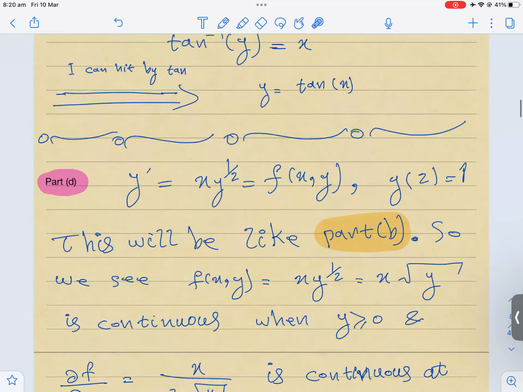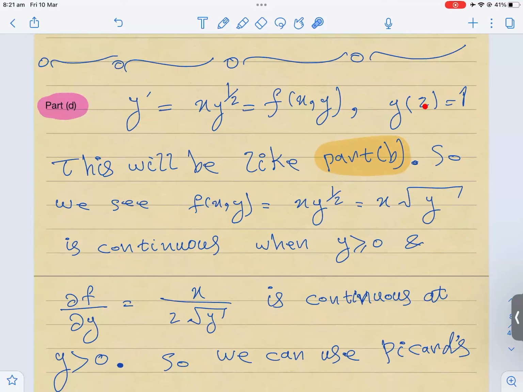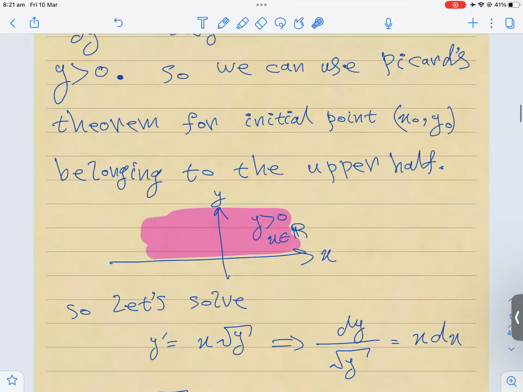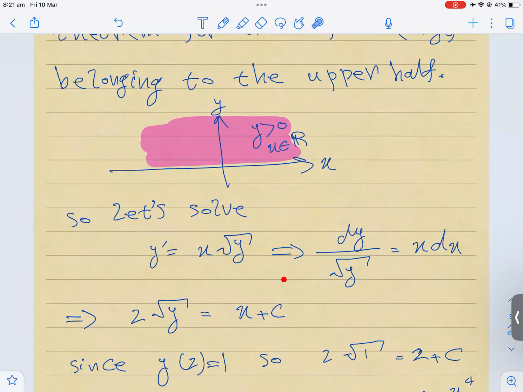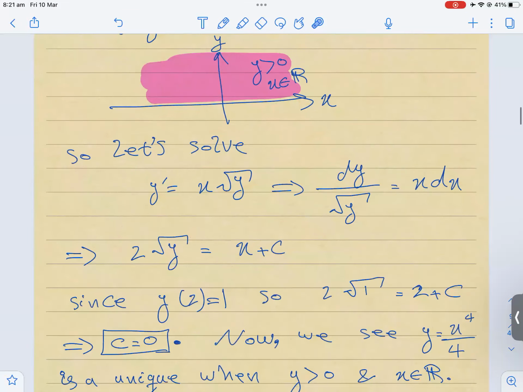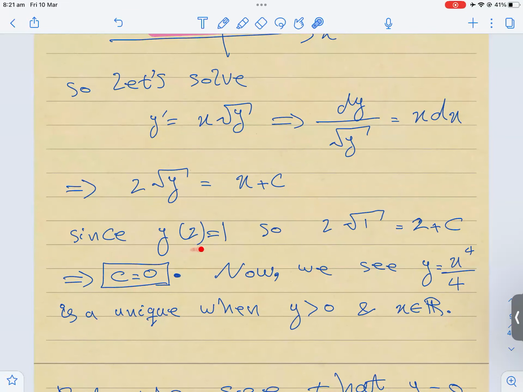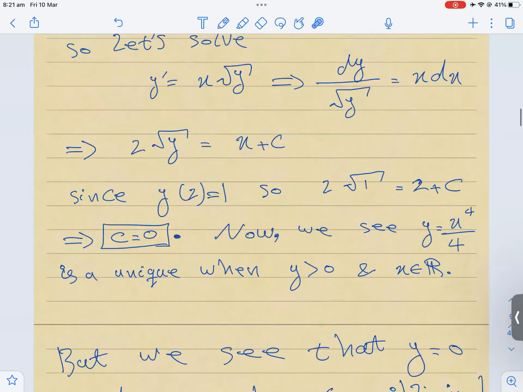In the right branch, x equal 2 and y equal 1. Y equal 1 means y is bigger than 0. So Picard's theorem will tell me that in the upper half, y bigger than 0 and x everything, the ODE will have a solution and it is unique. So y prime equals x times the third root of y, let's solve it. It's separable again, and since we've got the initial condition, I can determine c. And I see that y equal x to the 4/4 is the unique solution.